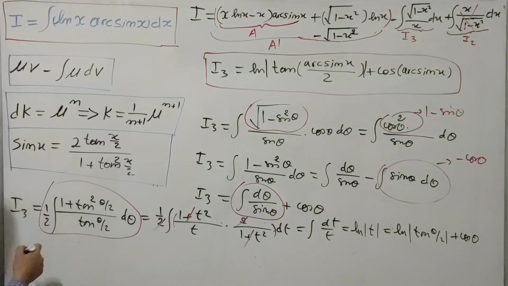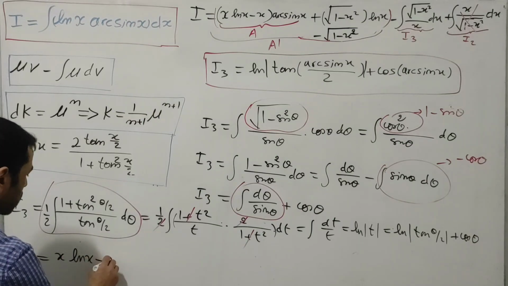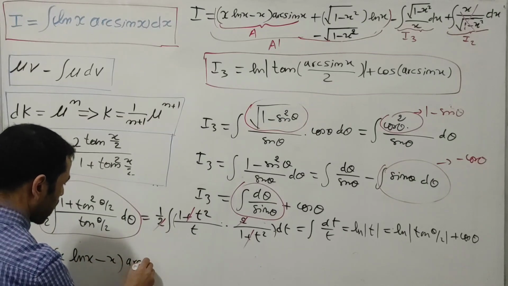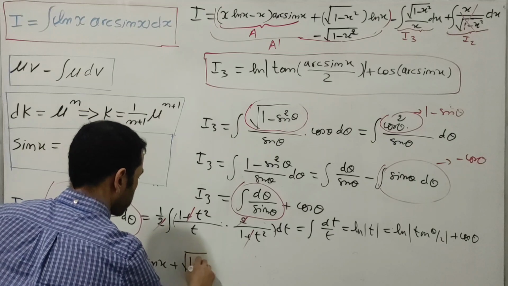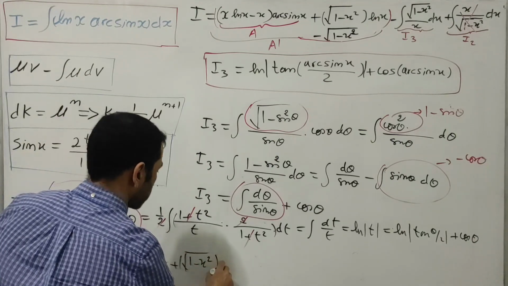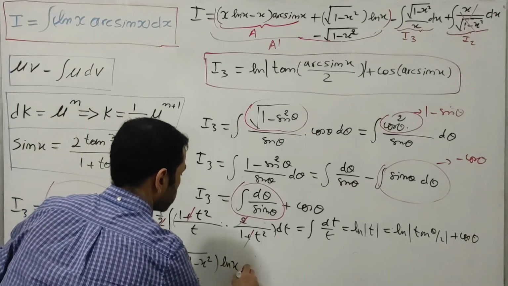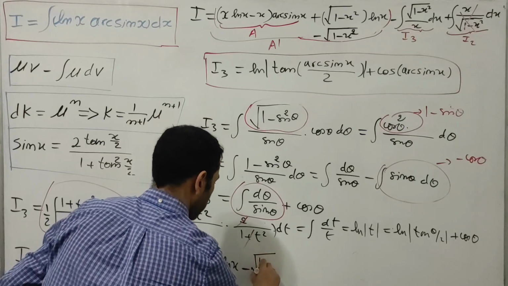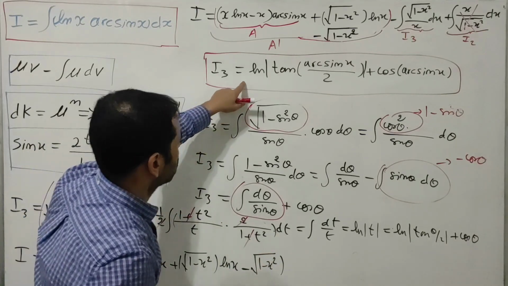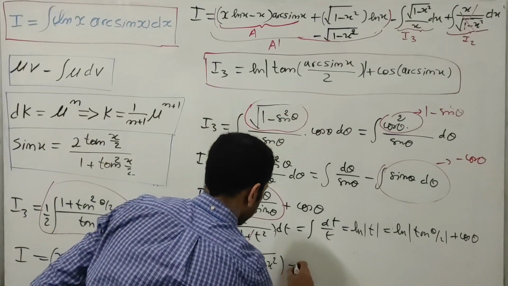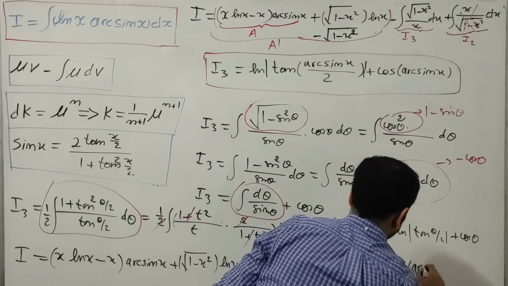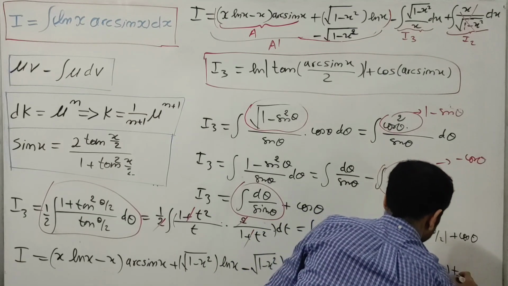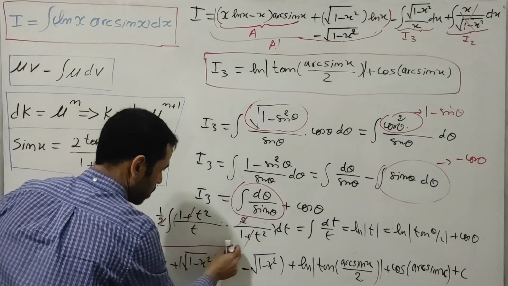Now I will have a final expression of I integral: x multiplied by natural log of x, minus x multiplied by arc sine x, plus square root of 1 minus x square multiplied by natural log of x, minus square root of 1 minus x square, plus I3 integral, plus natural log of the absolute value of tangent of half arc sine x, plus cosine of arc sine x, plus constant c. Here is a nice expression. Now we are done with this problem.